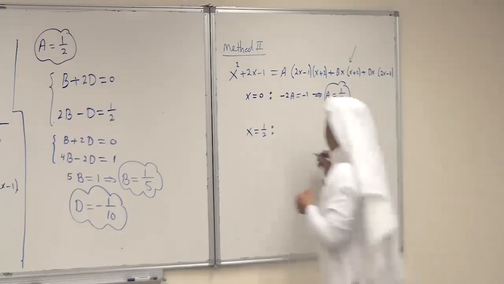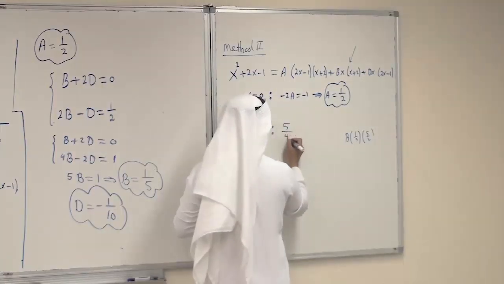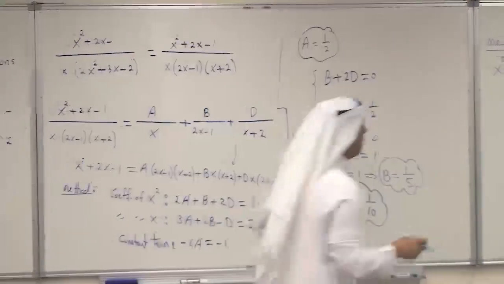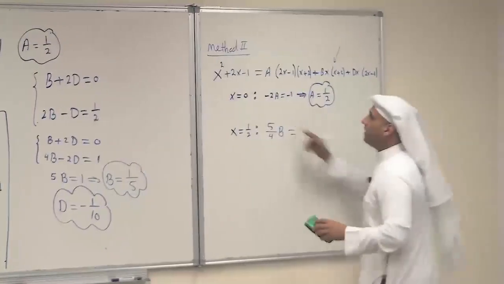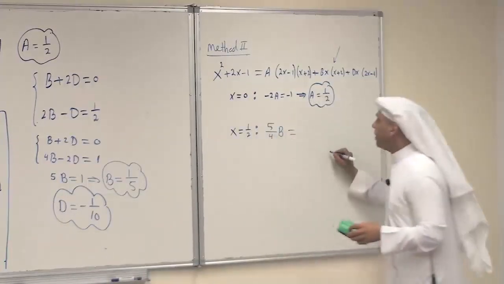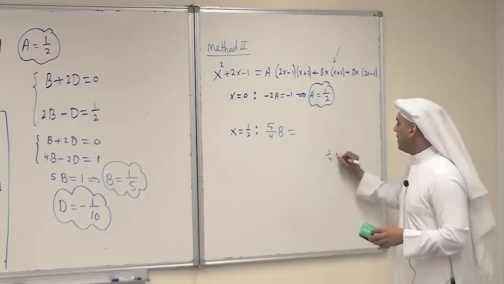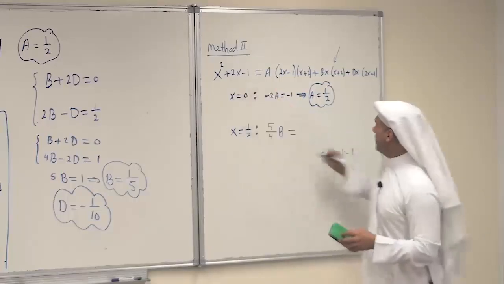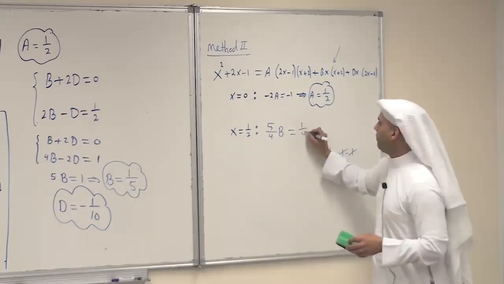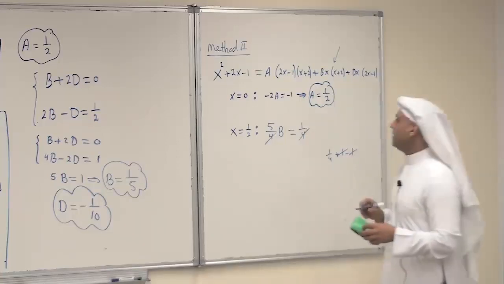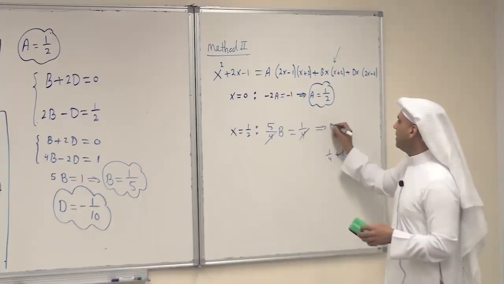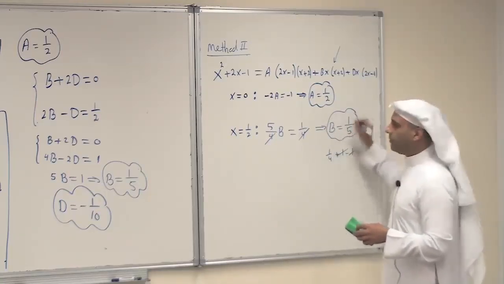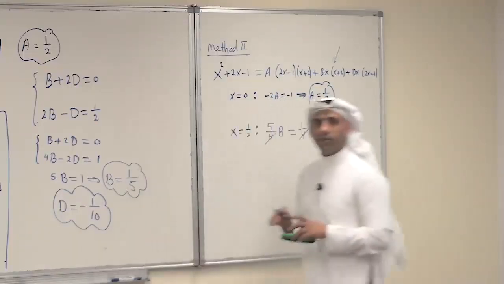When you multiply, you get 5 over 4 times b equal to. This is the substitution in the right hand side. What about the left hand side? If we substitute 1/2 in the left hand side, this will be 1 over 4 plus 1 minus 1, because 2 times 1/2 is 1, minus 1. So what do we have here is 1 over 4. Multiplying by 4 will cancel this. So this implies b is equal to 1 over 5. That's exactly what we found by the first technique. b equal to 1 over 5.